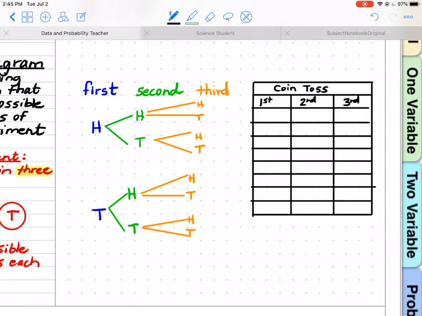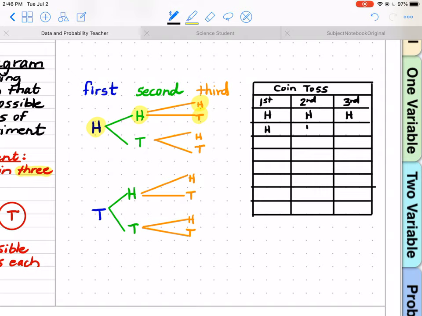Okay. So let's follow this first branch of the tree. So the first flip I got heads, second flip heads, third flip heads. So I'm going to say H for the first, H for the second, H for the third. And then I have first coin is H, second is tails, third is, I'm sorry, I skipped one. Let's try that again. The first one is heads, second one is heads, third is tails.